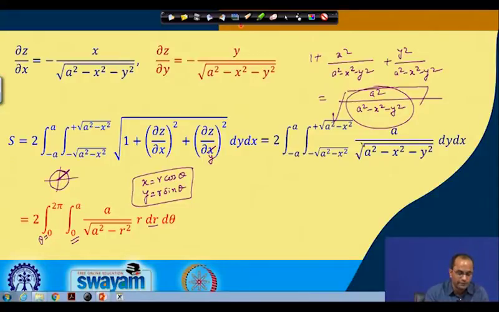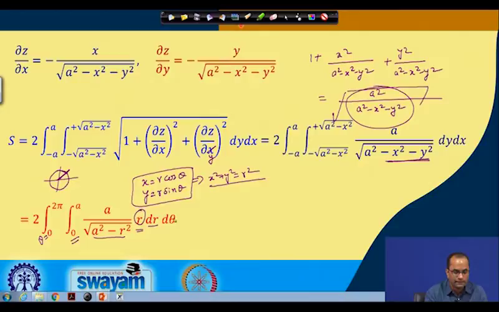We have the integrand a over square root a square minus x square minus y square, where x square plus y square is equal to r square. So, we have a square minus r square and this factor r, which is the Jacobian, or directly we have also seen from the polar coordinate that we get an additional factor here with r.